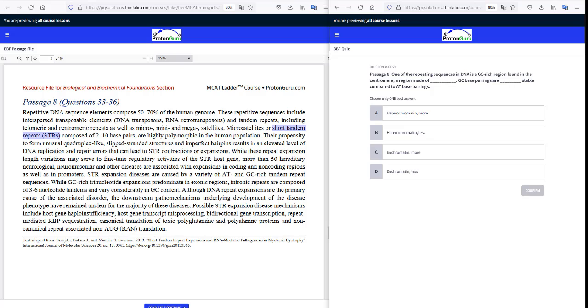Question 34. One of the repeating sequences in DNA is a GC-rich region found in the centromere, a region made of blank. GC base pairings are blank stable compared to AT base pairing. All right, the centromere, we need to know, is a densely packed region of DNA made up of heterochromatin. Euchromatin is the other type that is not quite as dense.